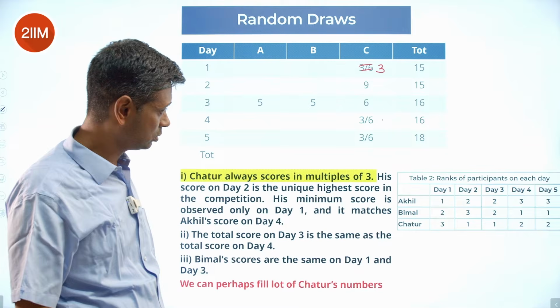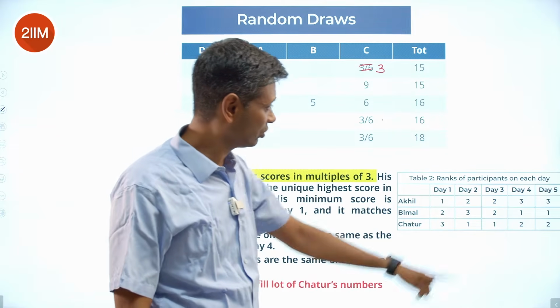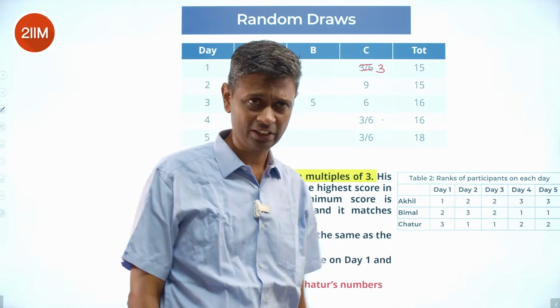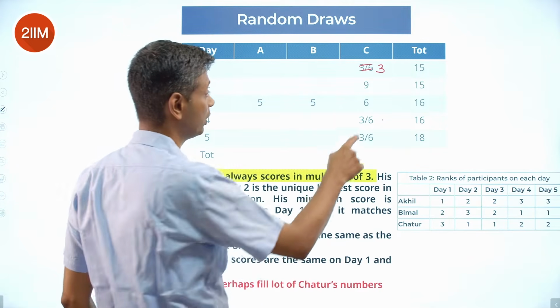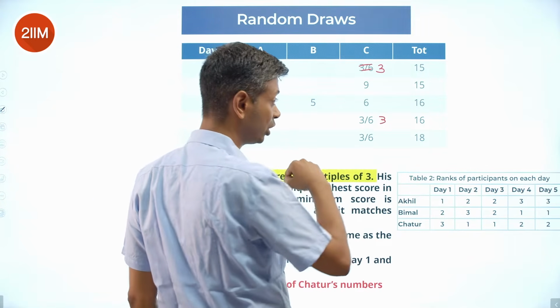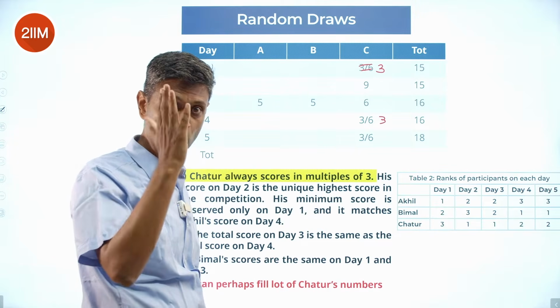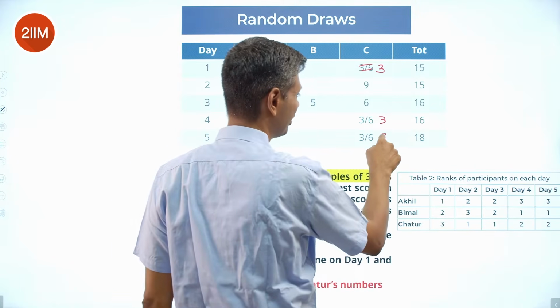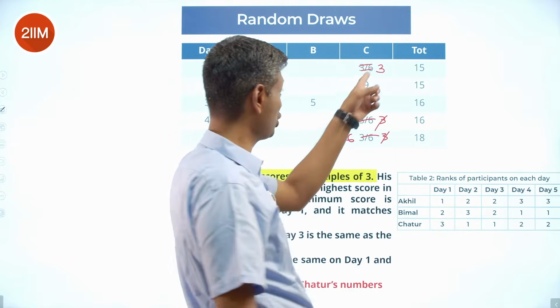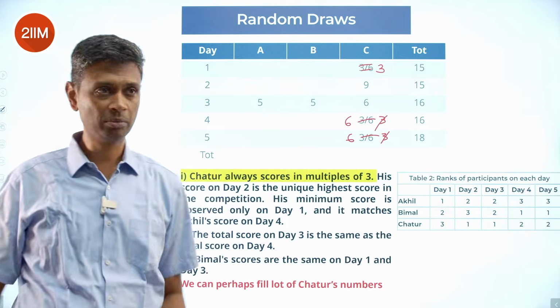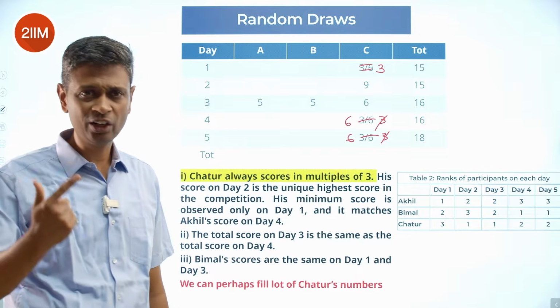On day 4, he is 2nd. On day 5, he is 2nd. So if this were 3, the other 2 should add up to 13. One number being less than 3 and the other being more than 3 cannot add up to 13. This cannot be 3 either, so both of these are 6. His 3 is the only day where he scored a minimum. So Chatur's scores are 3, 9, 6, 6, 6.